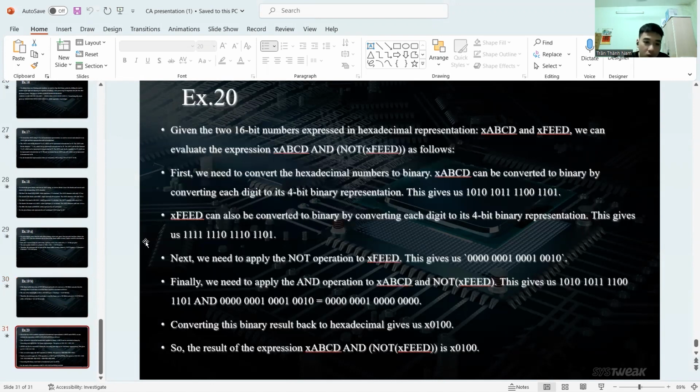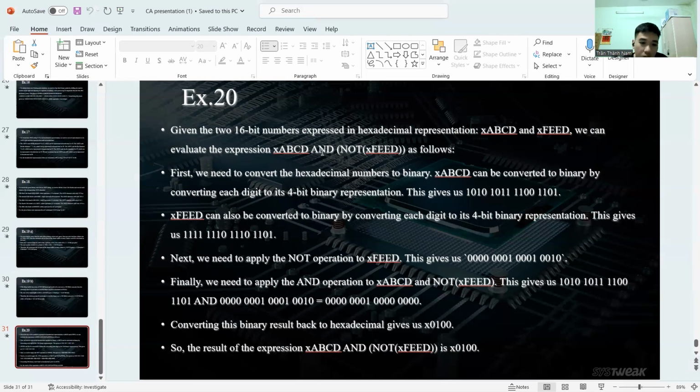In exercise 20, given the two 16-bit numbers expressed in hexadecimal representation, xABCD and xFEED, we can evaluate the expression xABCD AND NOT xFEED as follows.